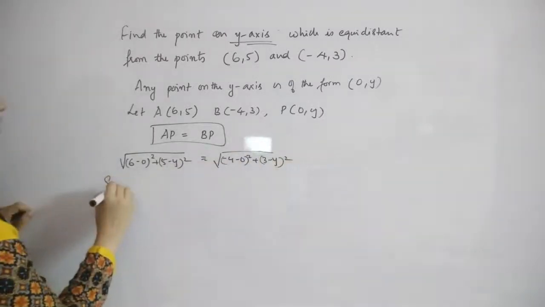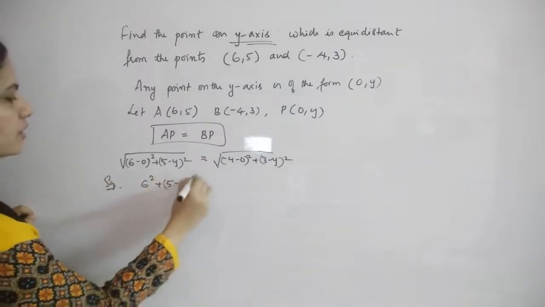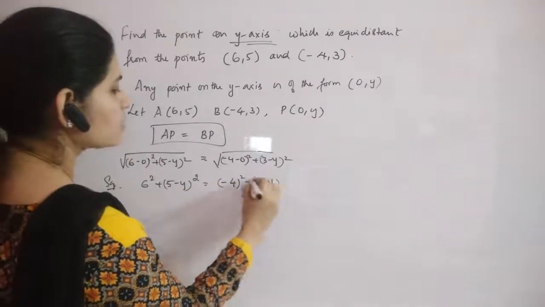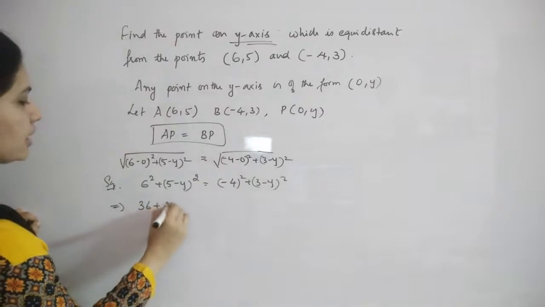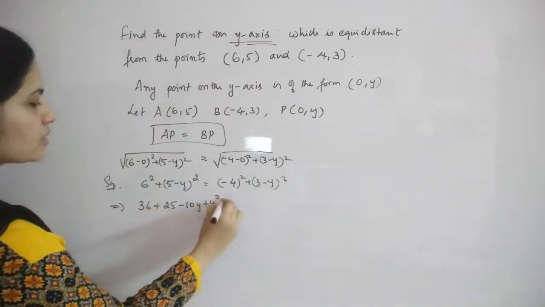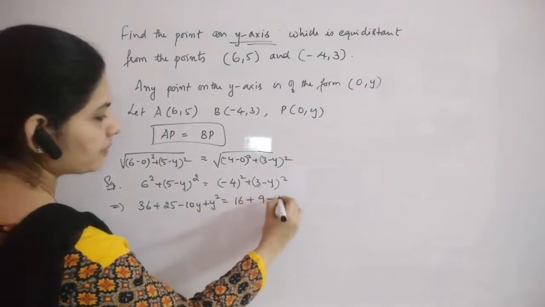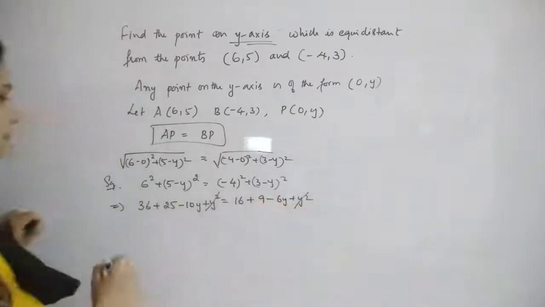Now I am just squaring both sides, so that this will give you 6 square plus (5 minus y) the whole square is equal to (minus 4) the whole square plus (3 minus y) the whole square. Expanding, you'll get 36 plus 25 minus 10y plus y square is equal to 16 plus 9 minus 6y plus y square. So y square gets cancelled.